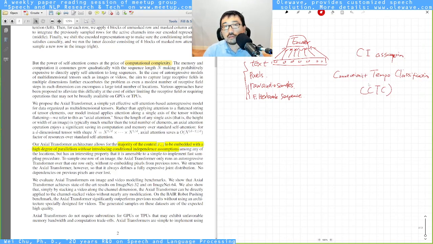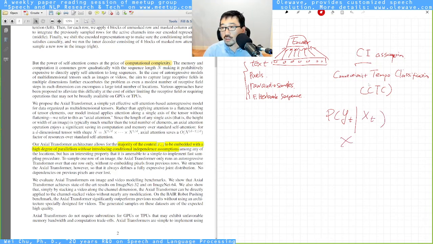For the CTC model architecture or the loss, it has a very strong assumption, which is conditional independence. What does that mean? It means the probability of the prediction output only depends on the current input.